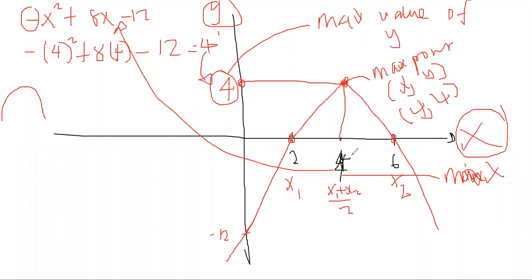You take this 4 here, and I guess everyone knows how you got this 4, right? There is 2, the roots you have, 2 plus 6, then divided by 2, you have this 4. So you use this 4 and substitute it in the original equation. It will give you the value of y here.